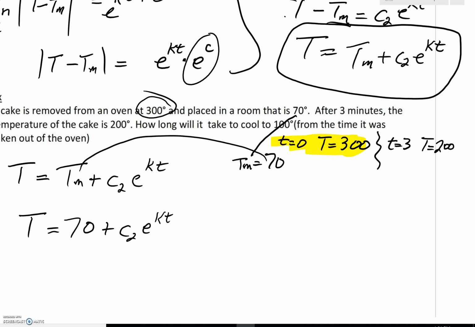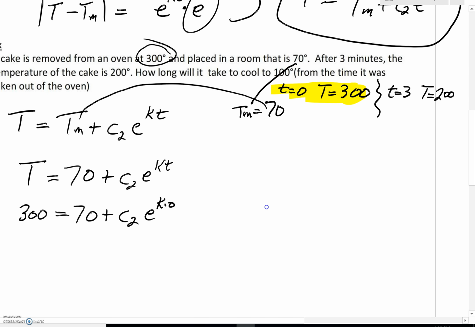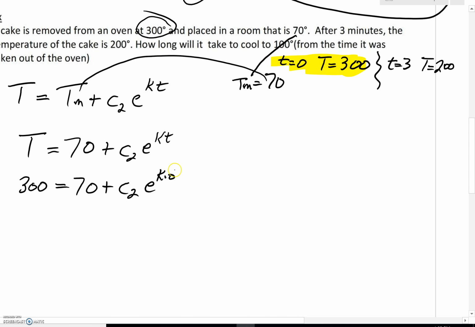We're saying, look, I know that the temperature is 300 when the time is 0. Now, this is really e to the 0, and that's just a 1, isn't it? So at this point, we can subtract 70. 300 minus 70 is 230.